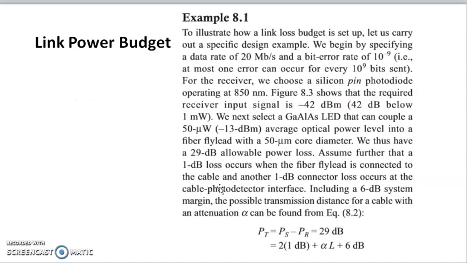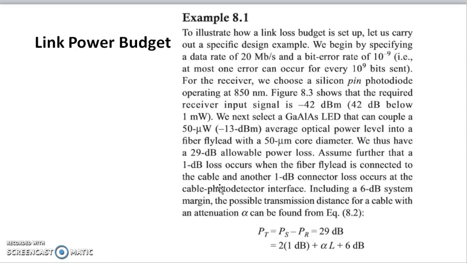Here is one example given to illustrate the link loss budget. Consider in this particular example the data rate is about 20 megabits per second and a bit error rate, BER, of 10 to the power minus 9, and the receiver used is a PIN photodiode operating at 850 nanometer.